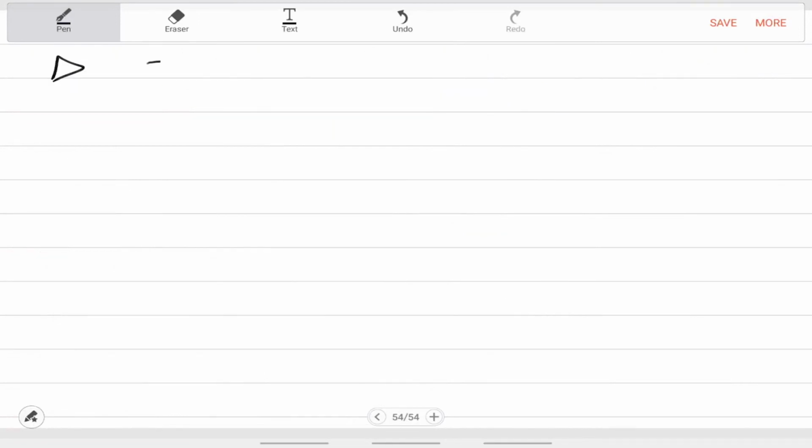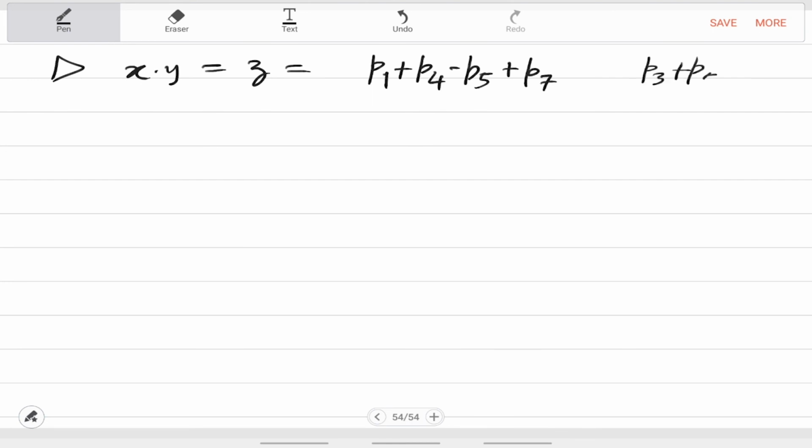So the final identity is that x times y, which is z, is equal to this.